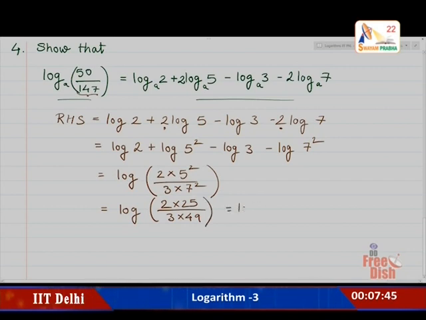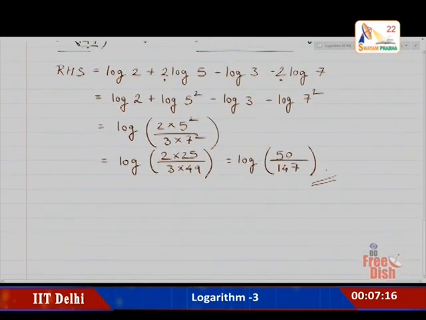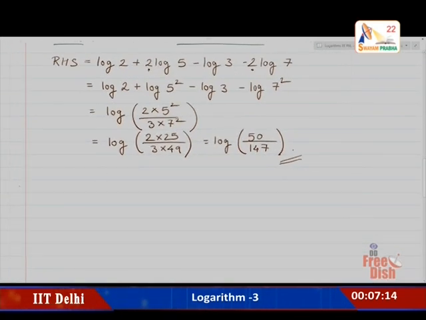So this should be equal to log of 50 upon 49 into 3, naturally it should be 147, still you can calculate. 3 into 9 is 27, 4 into 3 is 12, so 12 plus 2 is 14, so it should be 147. So we have proved that, show that component. I think I have goofed up with numbers, so let me continue the current number system. Okay. So let us put the number to be 5.